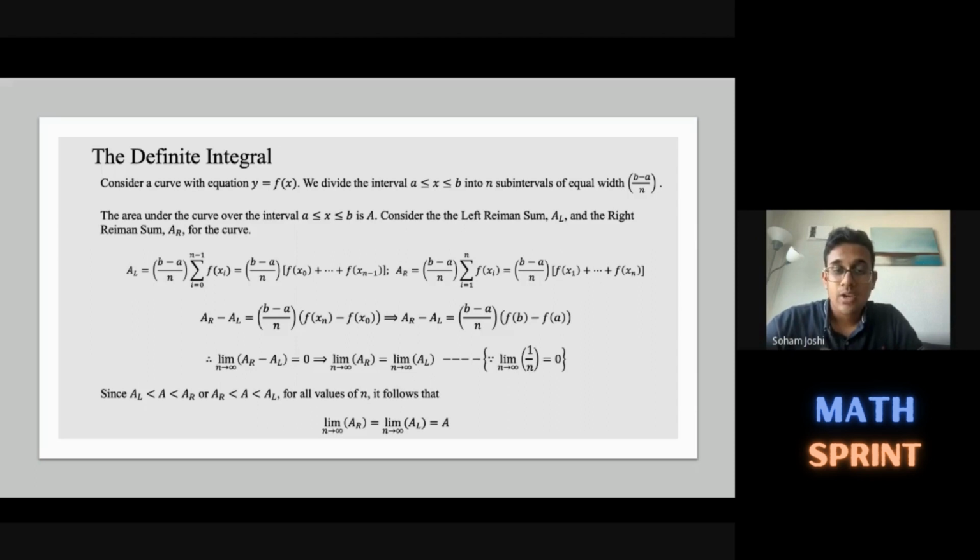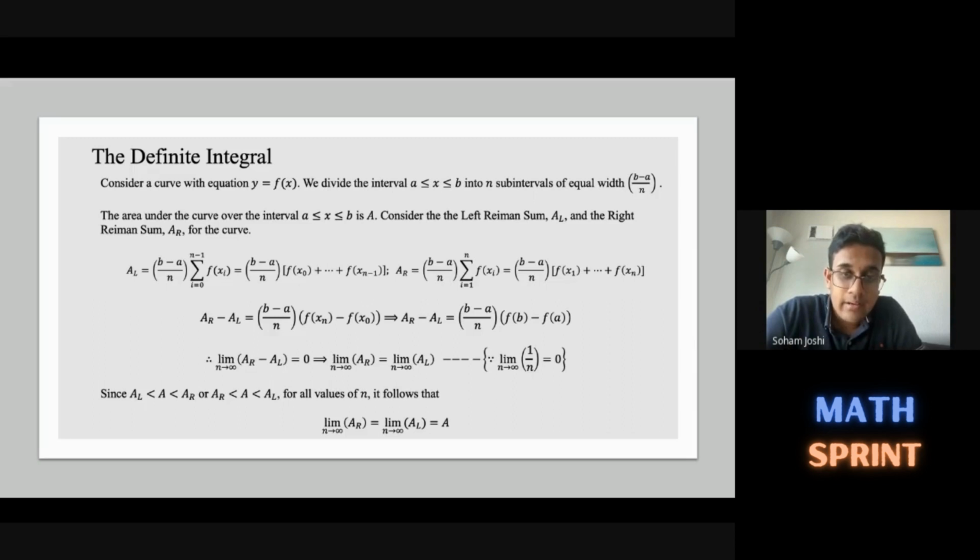Since we are trying to find the area of the region bounded by the curve, the x-axis, and the domain x between a and b, inclusive of both a and b, we divide the interval [a, b] into n subintervals of equal width, and this width will be (b minus a) divided by n. Here, n is the number of pieces, and [a, b] is the domain.